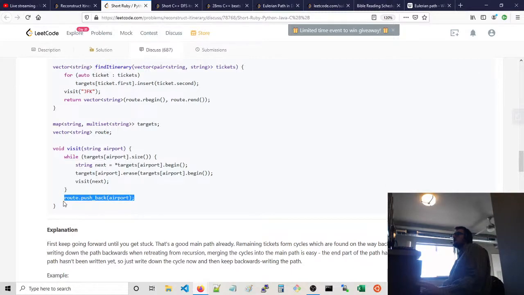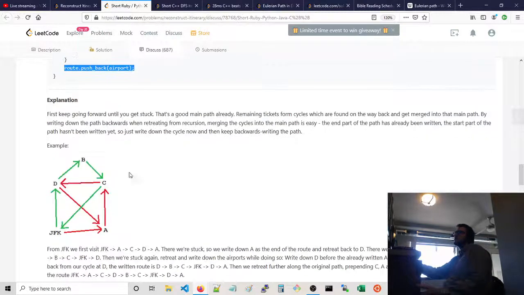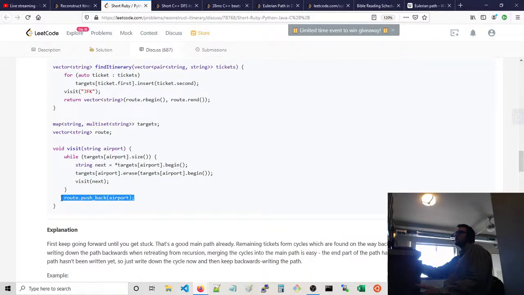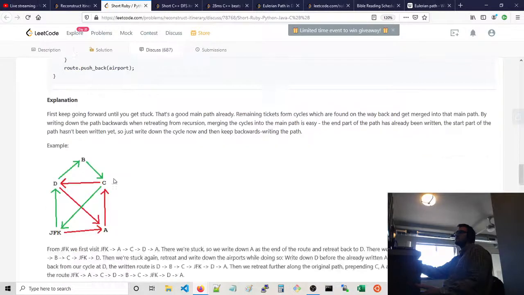Now, what's interesting is that he doesn't pop anything, right? He uses this whole cycle and gets stuck there. And I guess what he's suggesting is that you can use just before A, the previous airport.